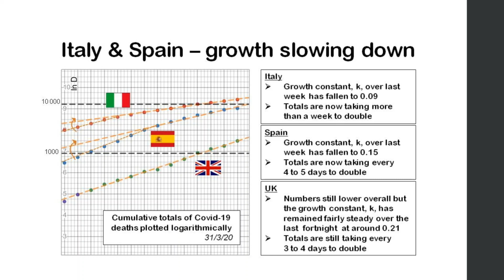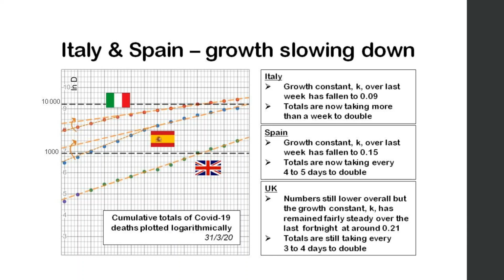The same in Spain, which is perhaps a little bit behind Italy, higher totals than in the UK, but again, the growth constant has fallen. Totals are now taking about every 4 or 5 days to double. Now in the UK, worryingly, at the minute, our growth constant has stayed fairly steady over the last fortnight, at around 0.21.